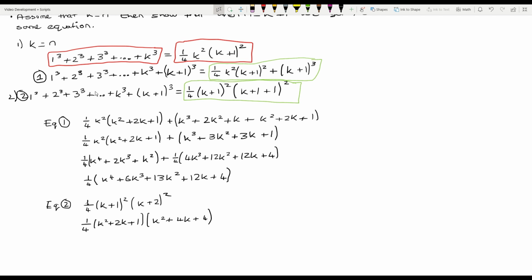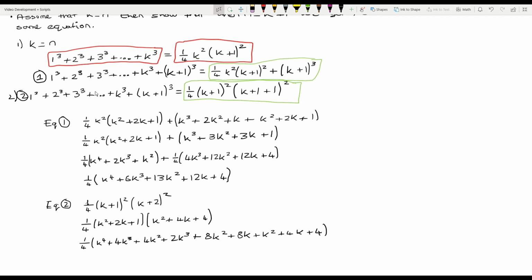And then we multiply each of the terms in the left-hand bracket by each of the terms in the right-hand bracket, so we get a quarter of k to the 4 plus 4k cubed plus 4k squared, and then we get 2k cubed plus 8k squared plus 8k, and then we get k squared plus 4k plus 4.